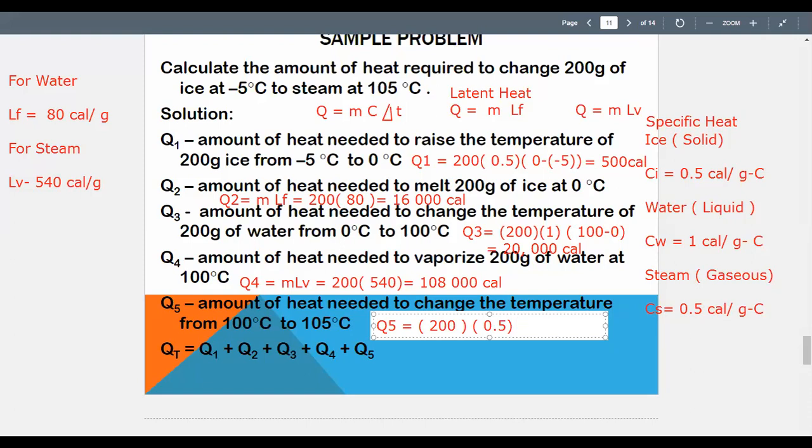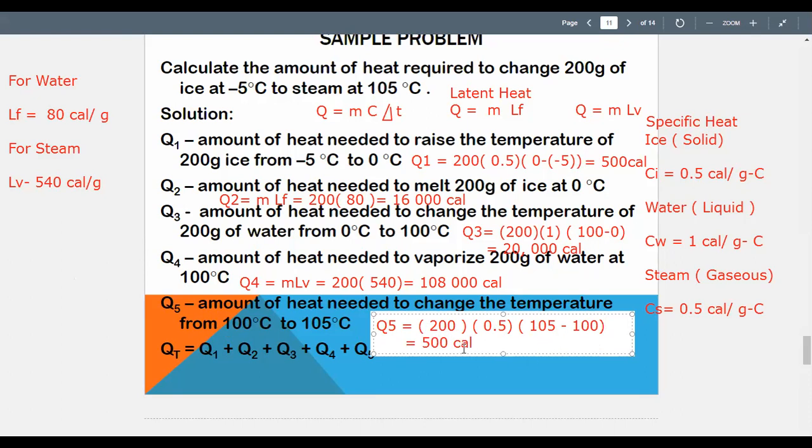So 0.5, and then the temperature now is 105 minus 100. Okay, so our base temperature now is not all the way to 0, but 100. From 100 to 105, so that's 5 times this. So I think this is also equivalent to around 500, right?